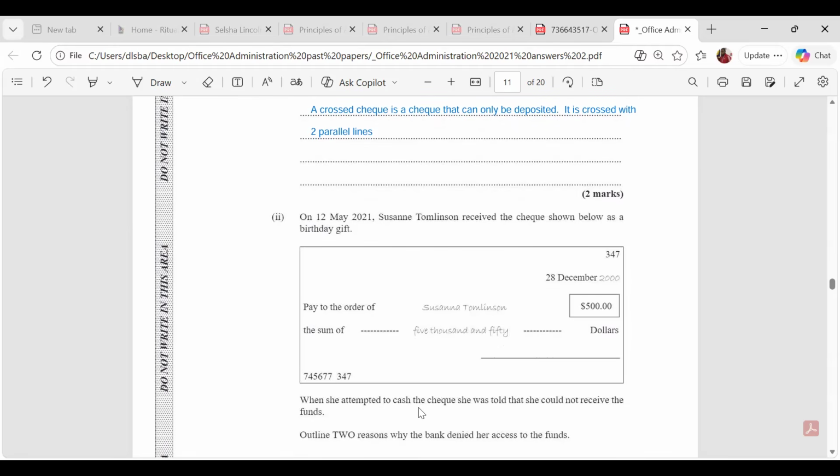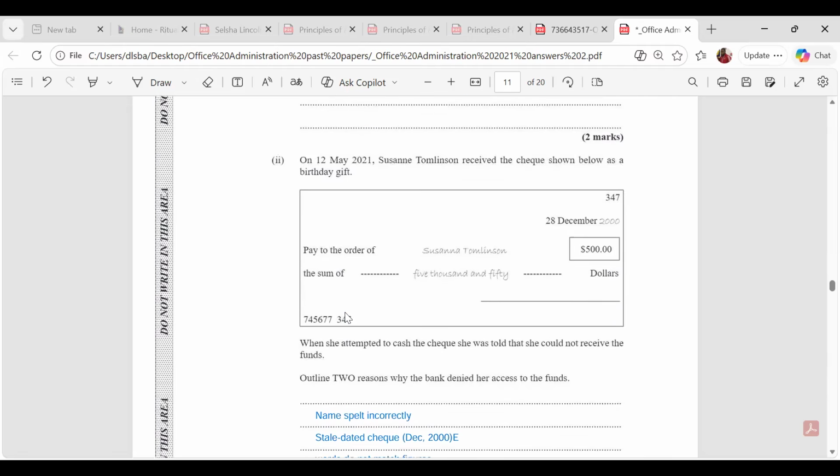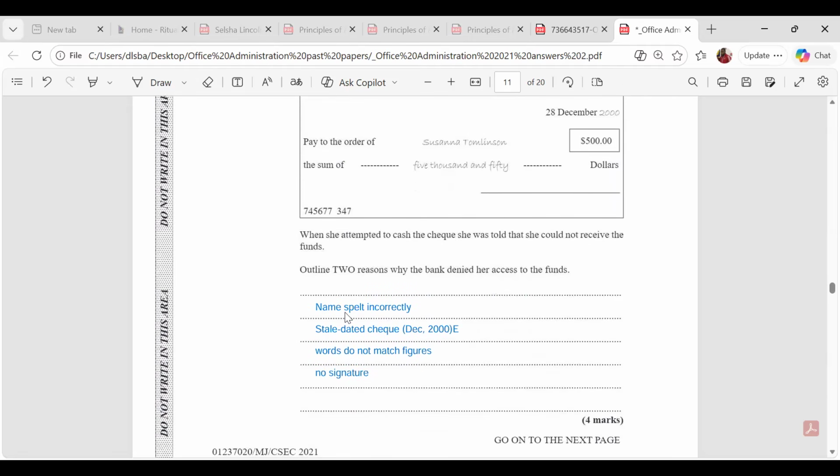Look at the name. Susanna compared to Suzanne. So the name is wrong, the date is wrong, the amount is wrong, and no signature. No way she's getting that cashed.